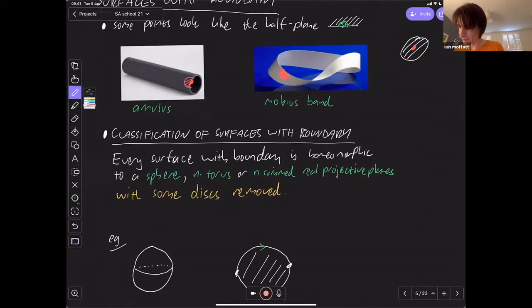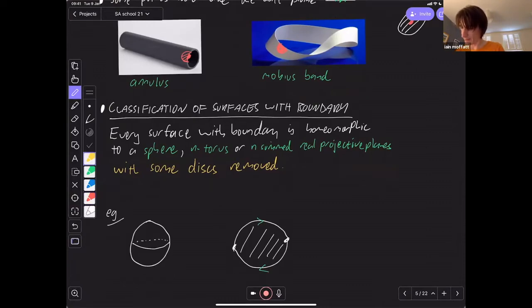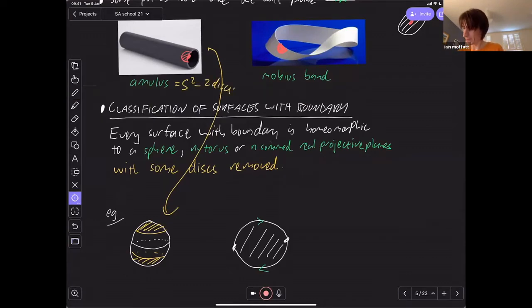So just to illustrate this annulus down here, what would I do? Well, if I just cut the top and the bottom of a sphere, I'm going to end up with an annulus. So an annulus would be the sphere minus two disks. And again, the Mobius band over here, we've already seen. And I could take my real projective plane, and take my little strip down the middle that's going to form my Mobius band.